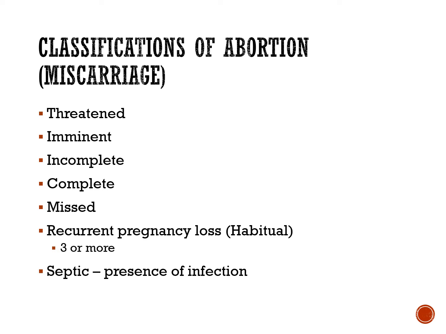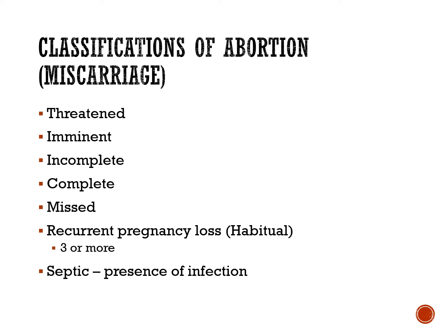Imminent or inevitable, it's increased bleeding and cramping. That internal cervical os is starting to open, so it dilates. The membranes may rupture, and no parts of conception have actually passed yet at this time. Incomplete, they have bleeding with passing of parts of the materials of conception.